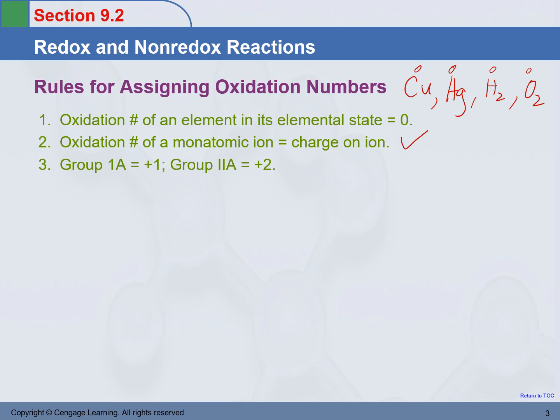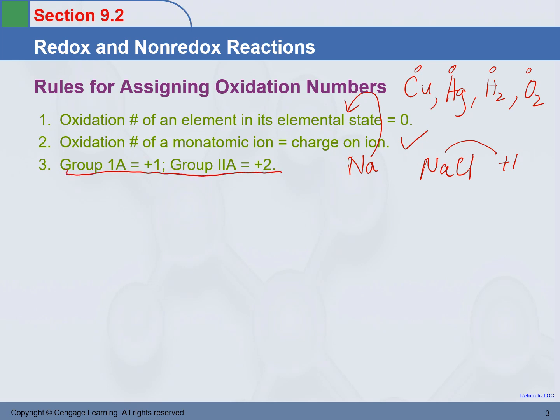It must be when they're in a compound, because for example, sodium, that's a group 1A metal. If sodium is by itself, the oxidation number is 0. Only when it is in a compound, sodium chloride, now this sodium has a +1 oxidation number.